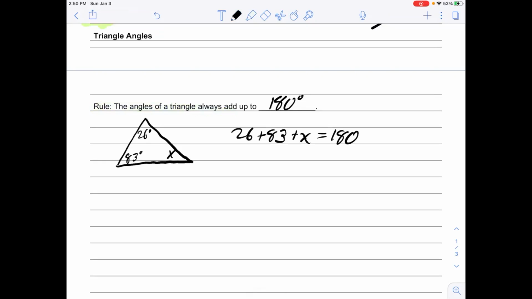So now I can just add 26 plus 83, that's 109. So 109 plus something is 180. At this point, I can subtract my 109, and I get that X equals 71 degrees. And in that way, I can always figure out, if I know 2 of the angles, I can always figure out the 3rd angle.